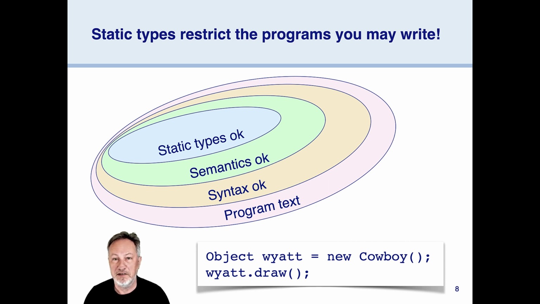The static type system says, well, all we know about Wyatt here in this line is that it's an Object. We don't know anything about its dynamic type. Based on its static type, however, we know that there is no draw operation in the class Object. So our static type system will reject this as being incorrect. So this is an example of a program that's semantically okay. It would run perfectly fine if the compiler would let us run it without raising any errors, but the static type system rejects it.